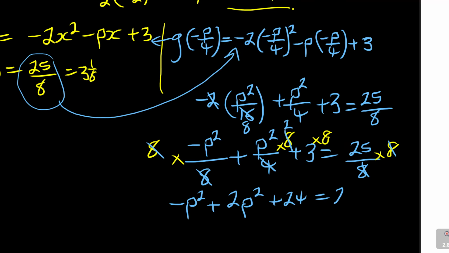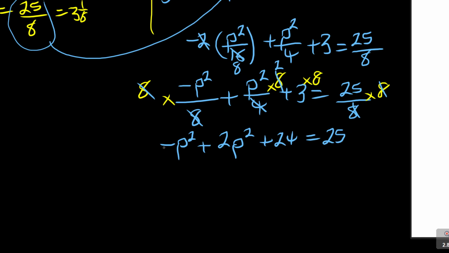I was just making it flat. So minus 1p squared plus 2p squared, minus 1 plus 2, it's 1p squared is equal to, take 24 to the other side, it's 25 minus 24. So p squared is equal to 1.